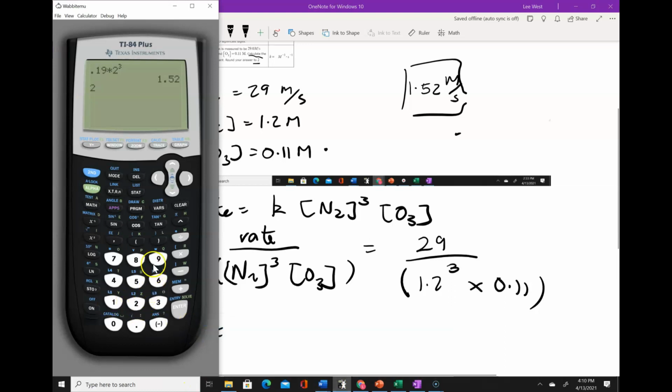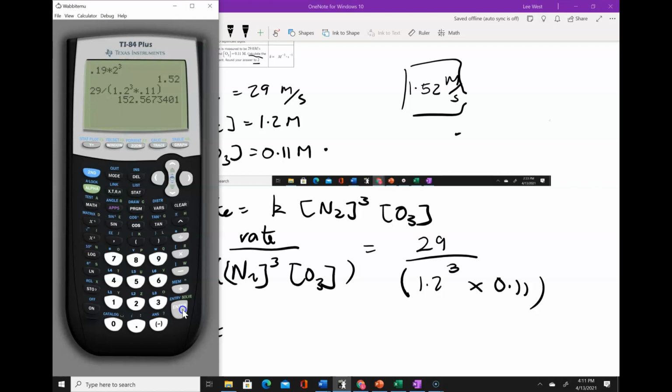So 29 divided by parentheses 1.2 to the power 3 times 0.11, close parentheses, enter.